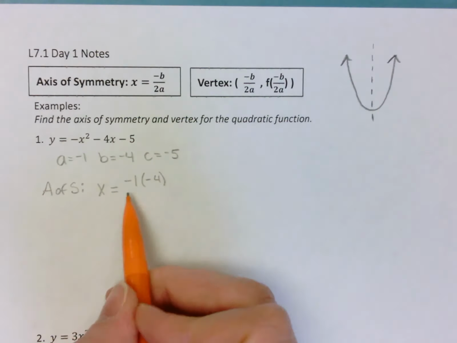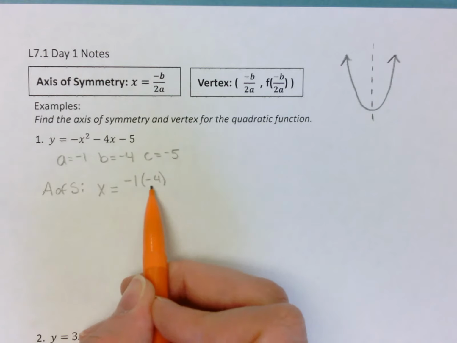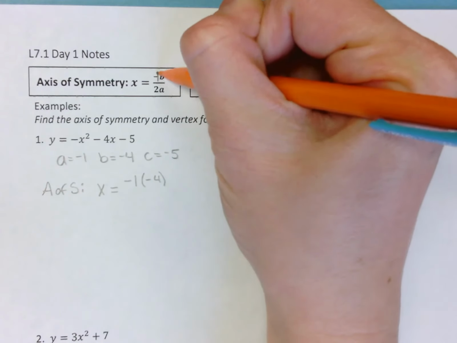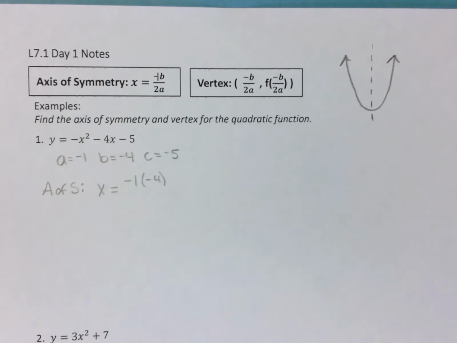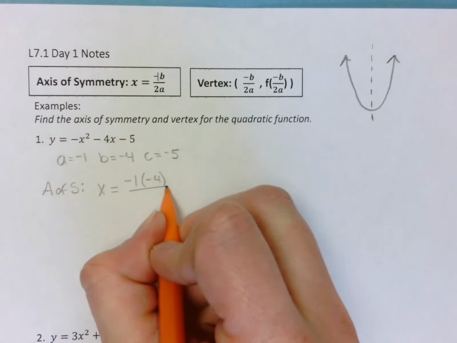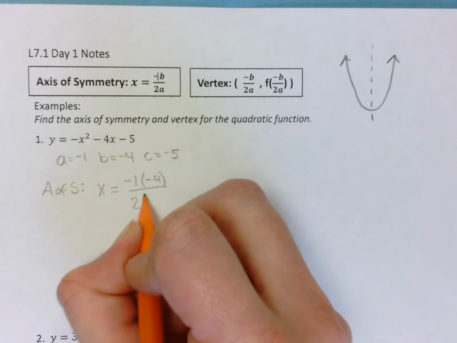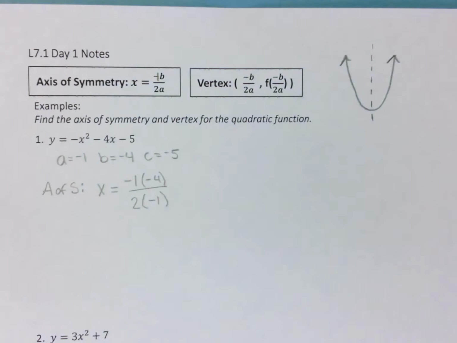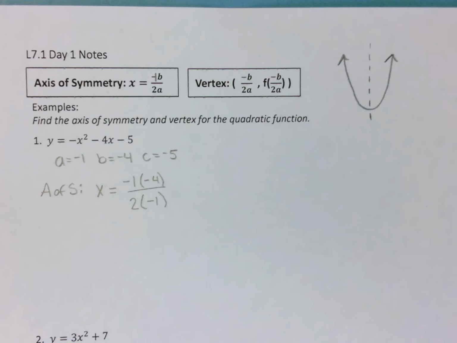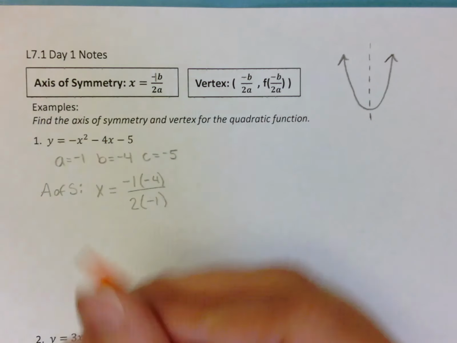You will do best if you put a -1 in front of the b when you're evaluating, over 2a. Substituting each value in -b over 2a and then work it out.